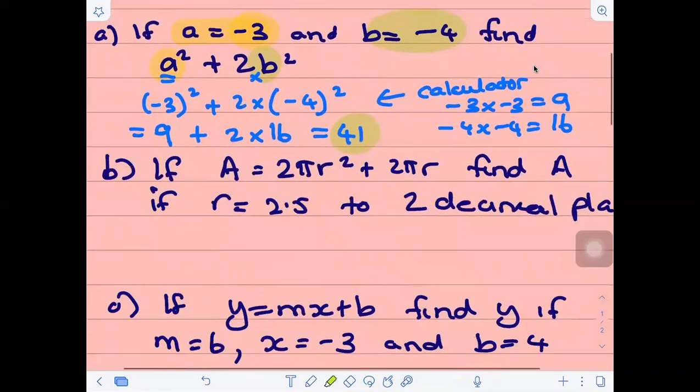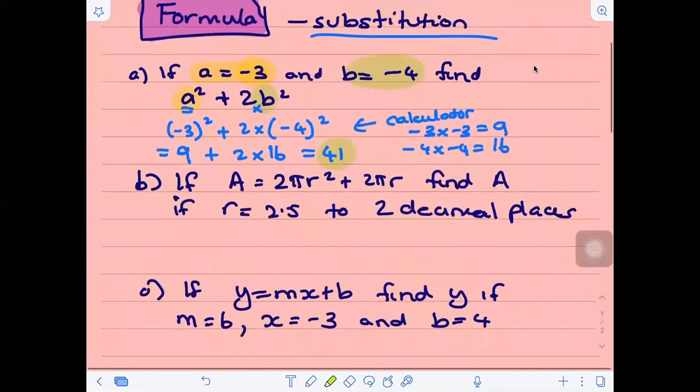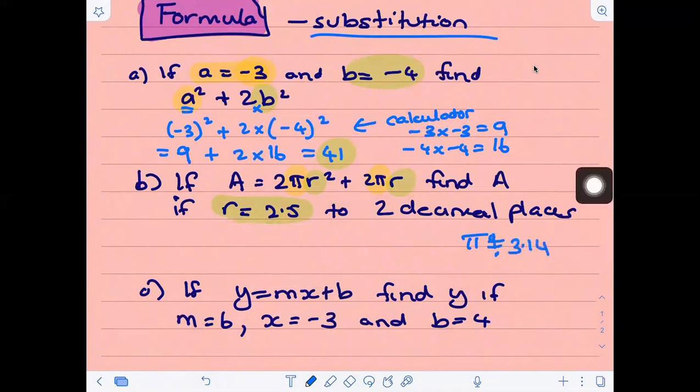Okay, so now we're just going to look at this formula and we're going to substitute into the formula. So the thing we're subbing in is the R, and the R is equal to 2.5. So you can see the R throughout the formula there. The pi is just pi, and pi is approximately equal to 3.14. That's an approximation.